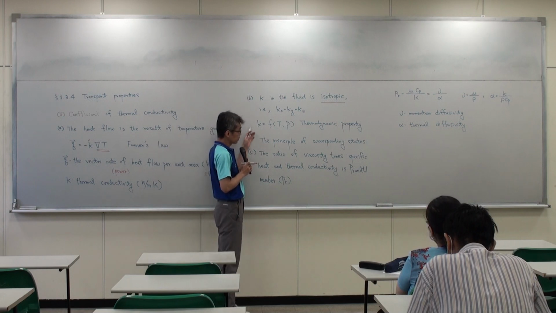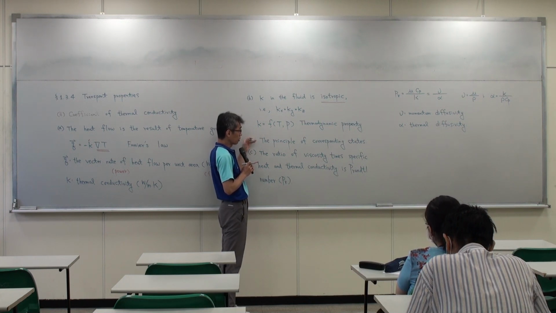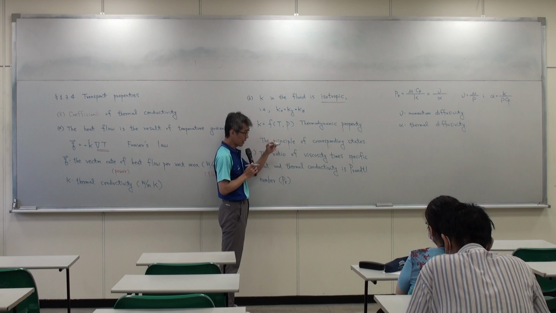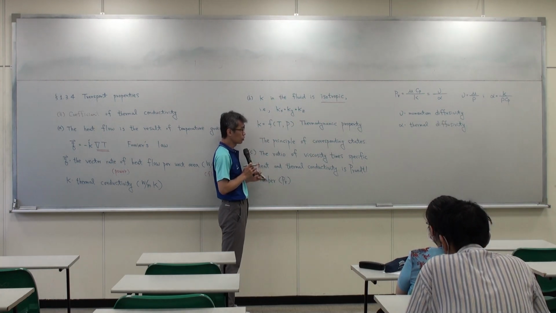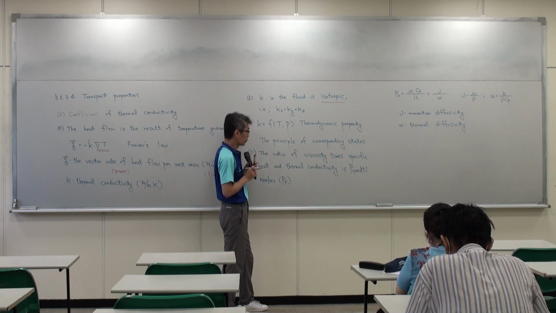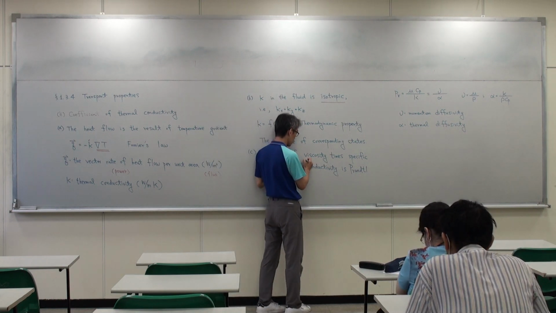So this thermal conductivity, similar to viscosity, is a thermodynamic property, and using the corresponding states principle, usually we can estimate their relationship as well. From here you can see the thermal conductivity's relationship with viscosity.